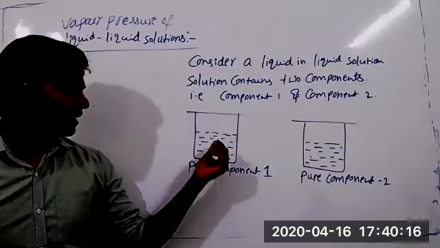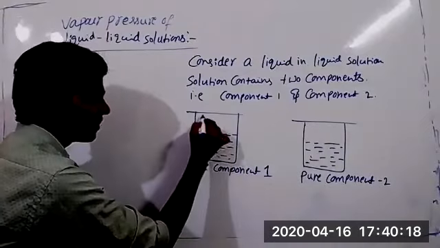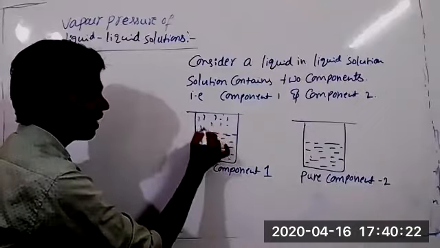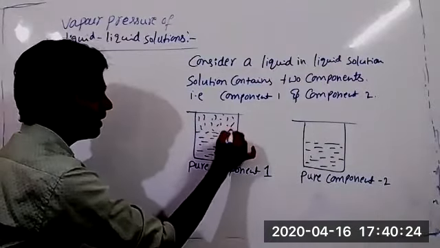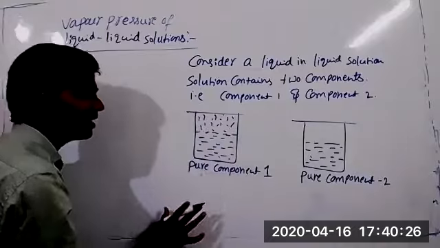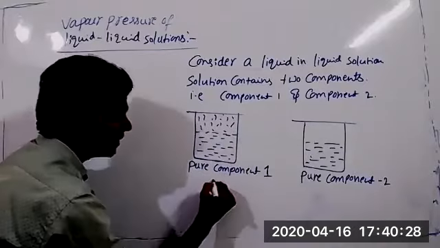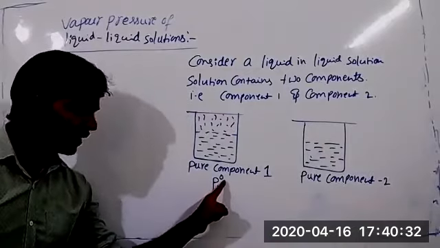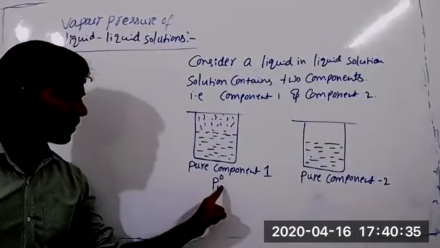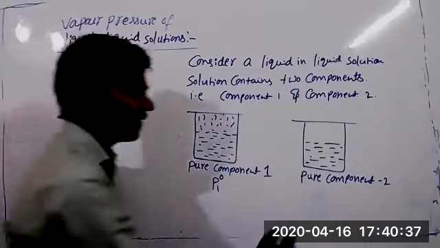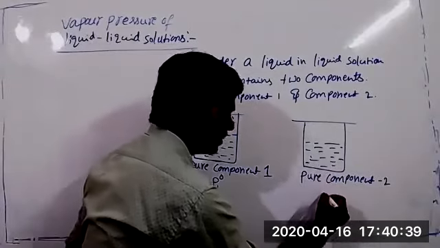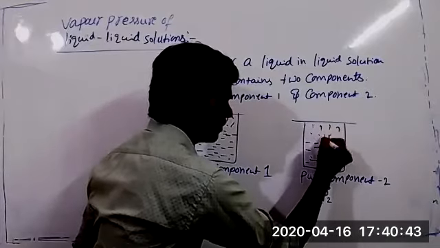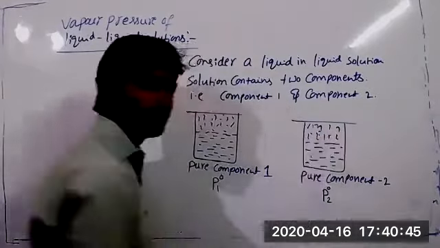Because of this liquid, some vapor we may observe over its surface. It causes some pressure, that's called vapor pressure. It is denoted with P1 power 0. The 0 here refers to the vapor pressure of a pure component. Here also, this is component 2, denoted with P2 power 0, the vapor pressure of pure component 2.